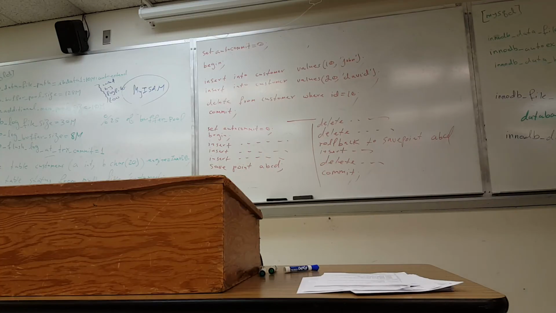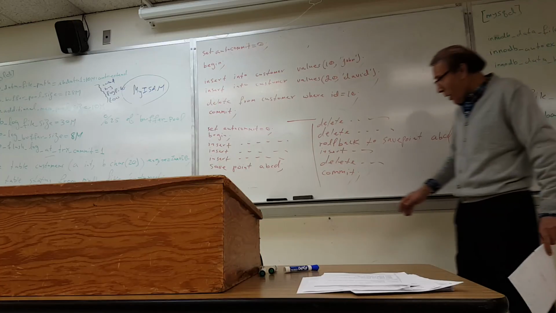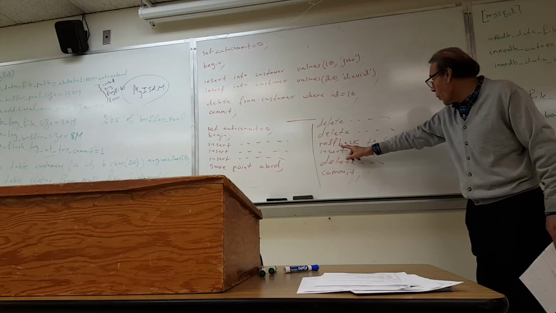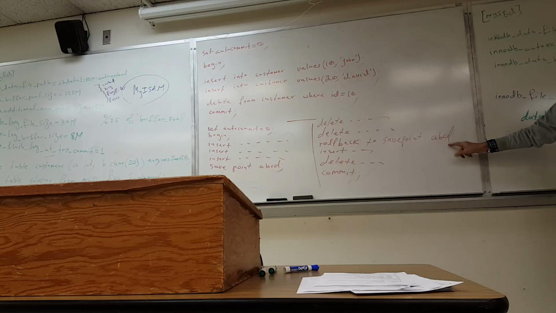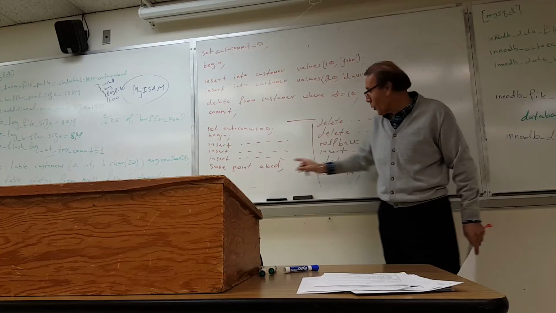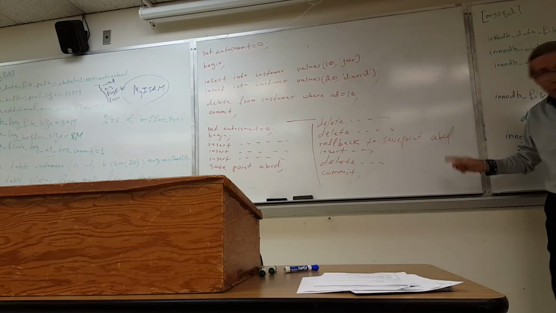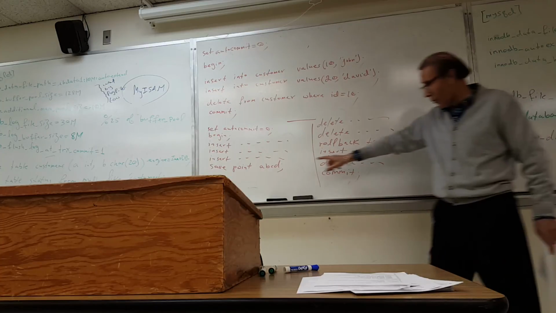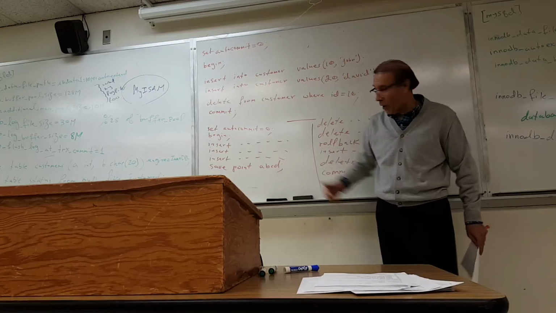Okay. Now, first of all, rollback to savepoint. It means go back to here. So rollback means go to, like a go to statement in some program, right? Means go back to here.